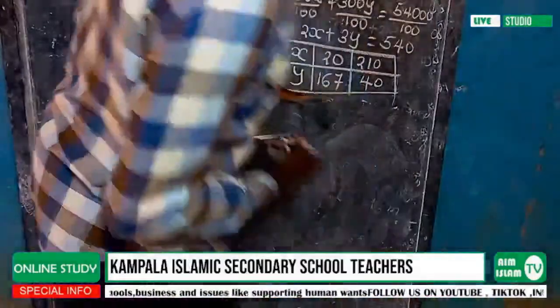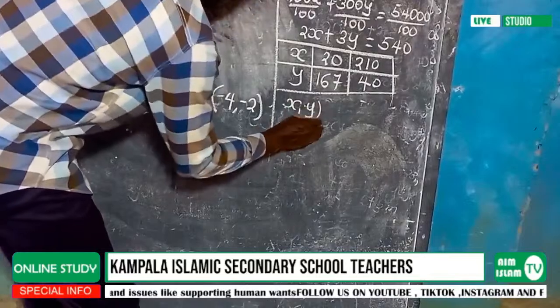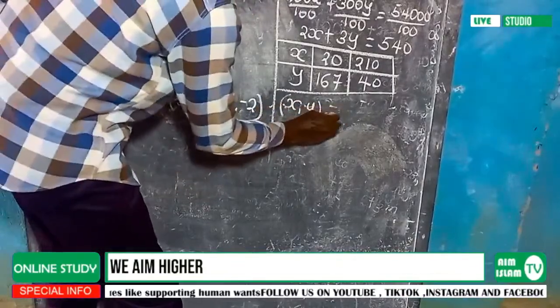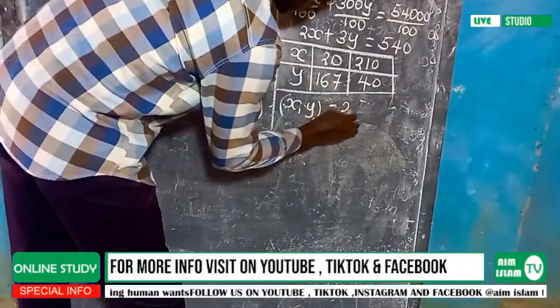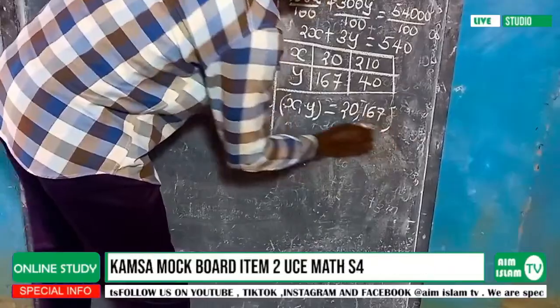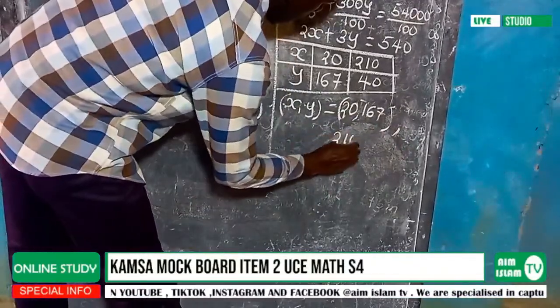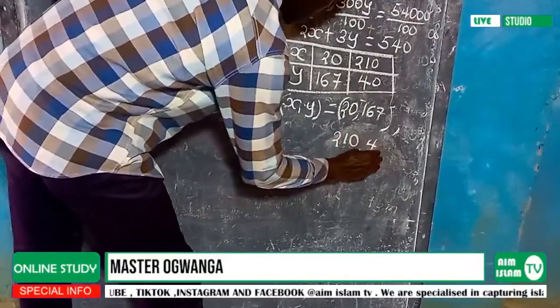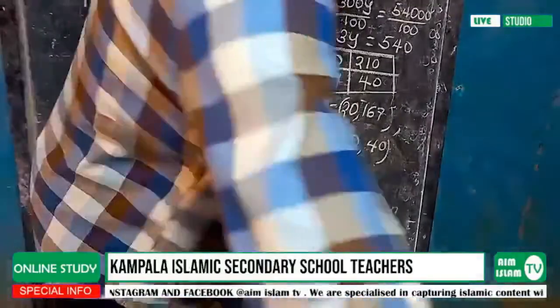Our coordinates will have x, y being equal to 20, 167. Then another one is 210 and 40.